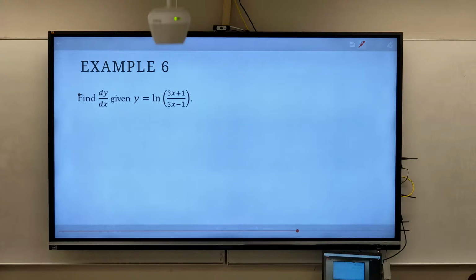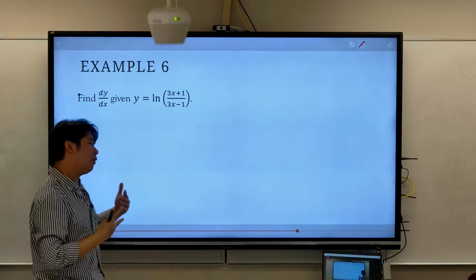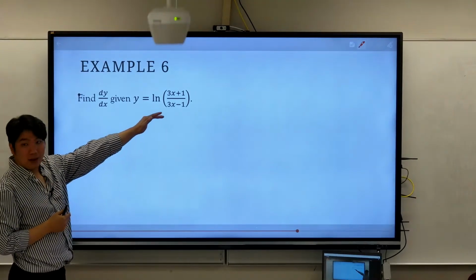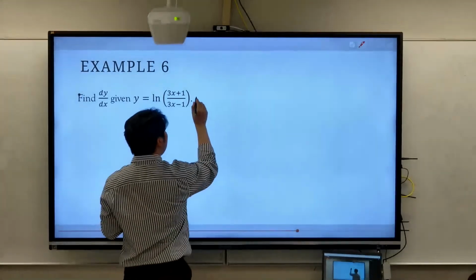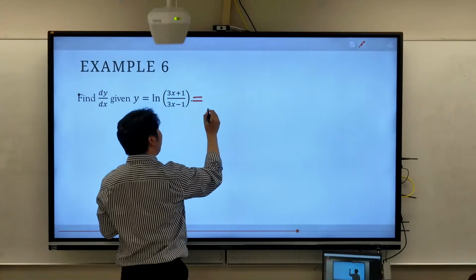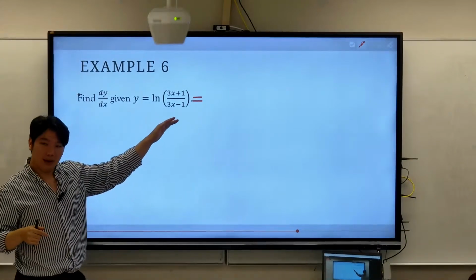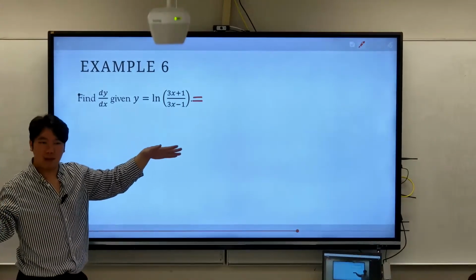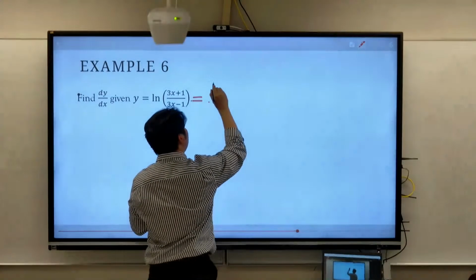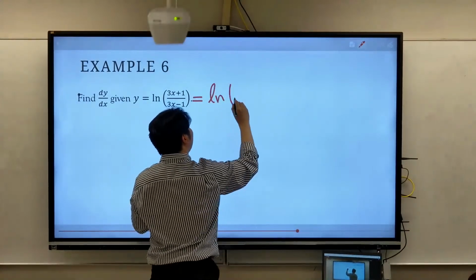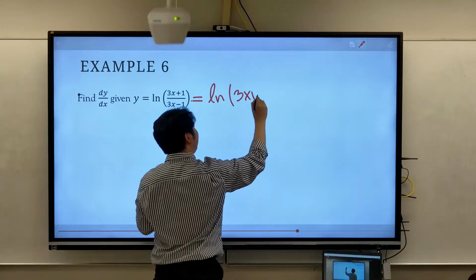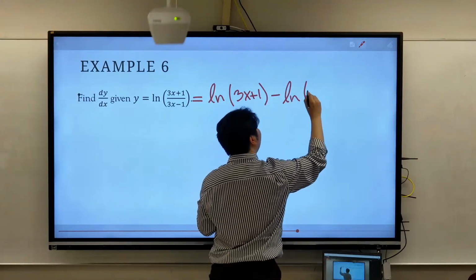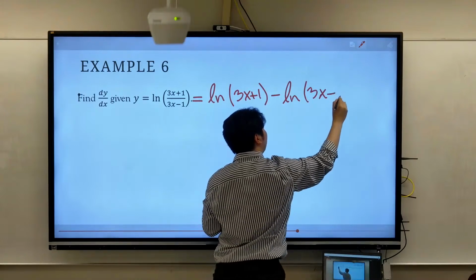So using a property of a logarithm, before I even take the derivative, I can actually rewrite this. We know natural log of a quotient is the same thing as subtraction on the outside. So I can write it like this: the natural log of 3x plus 1 minus the natural log of 3x minus 1.